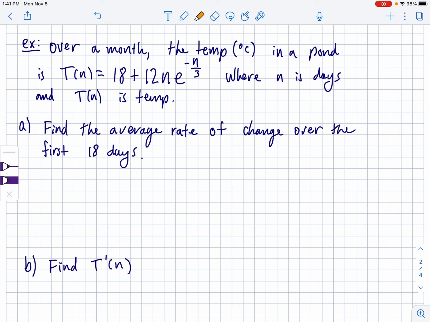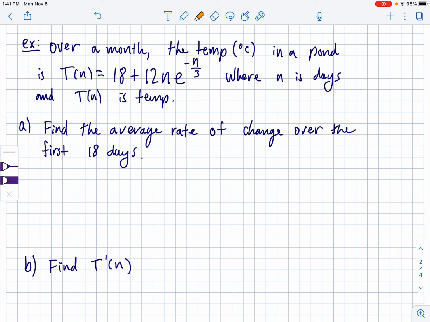Next example: over a month, the temperature in degrees Celsius in a pond is T of n equals 18 plus 12n e to the negative n over 3, where n is days and T of n is temperature. Find the average rate of change over the first 18 days.